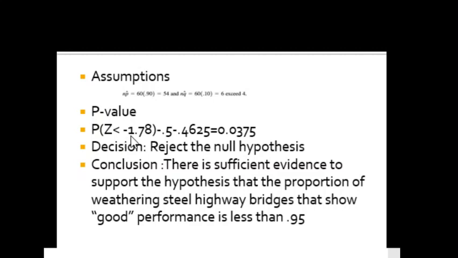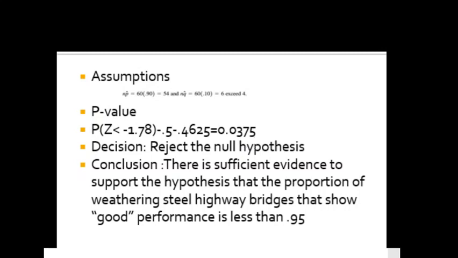The p-value will be probability of z less than negative 1.78. That's our test statistic value. So from the table for 1.78, we can read the value as 0.4625, and then 0.5 minus 0.4625 will be for less than negative 1.78. 0.0375 is that p-value.